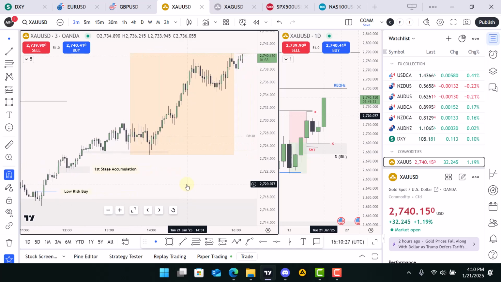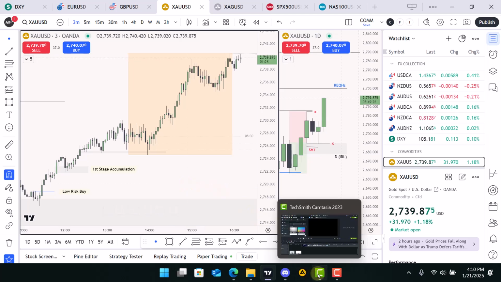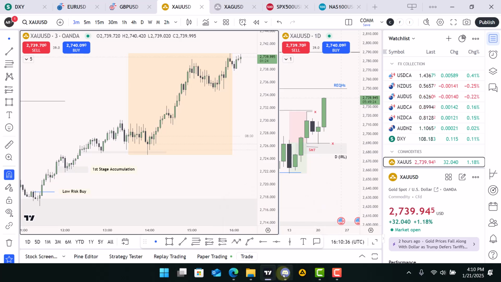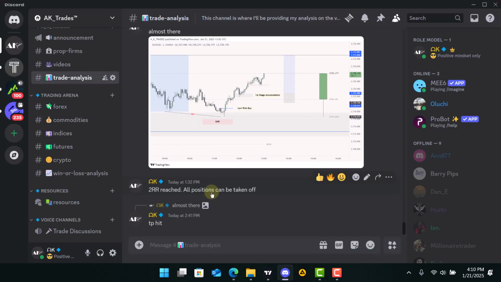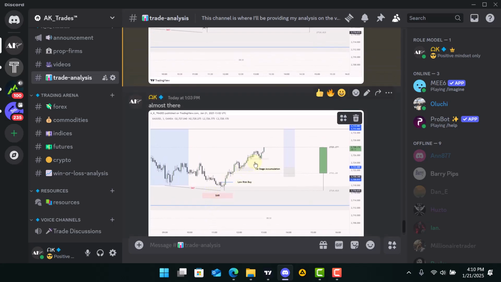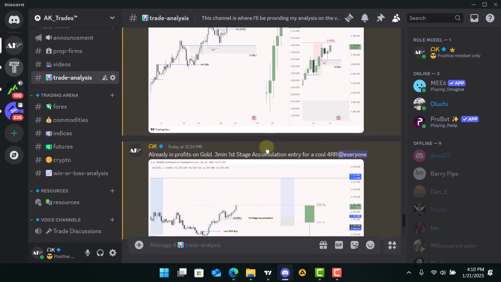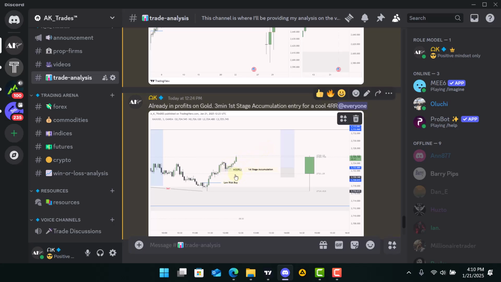Now I called this setup on my Discord server, as we can see here. I called this trade in my Discord server, and that was when the price had already tapped me in. I think, what is it? Yeah, this is it.